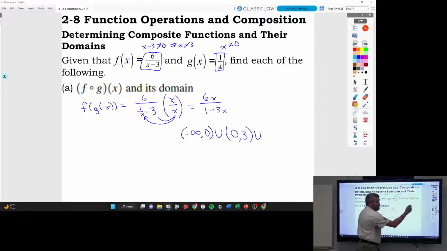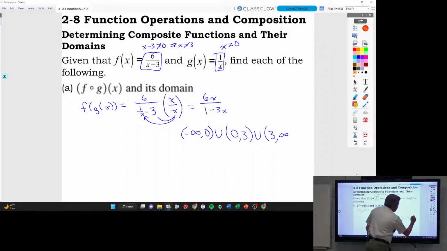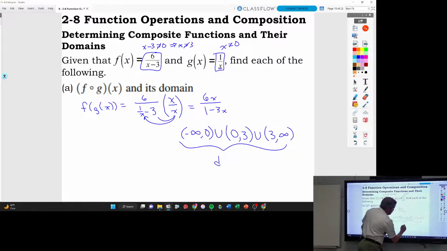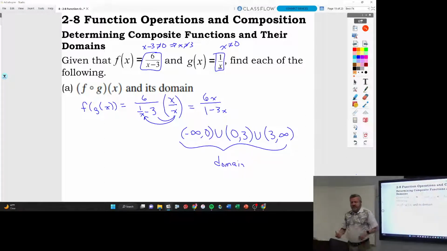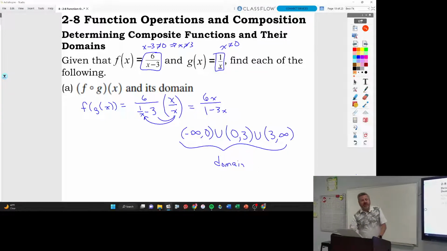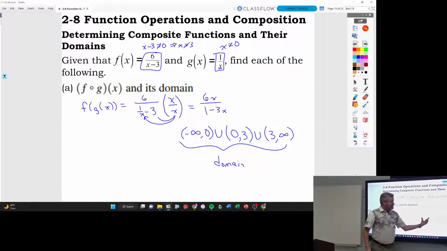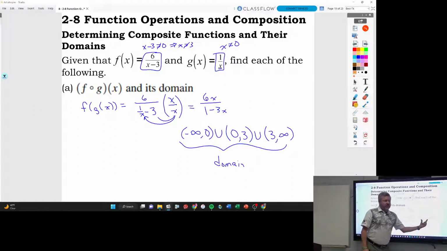Union, but it can be bigger than 3, so it's going to start back up at 3 and go to infinity. And so this right there, this is the domain. So again, parentheses excludes, brackets means it is included, and you see parentheses around the 0 on both sides, so I've excluded 0. You got parentheses on the 3, I've excluded the 3.